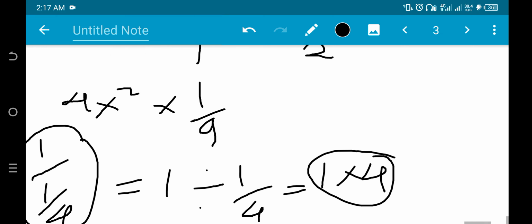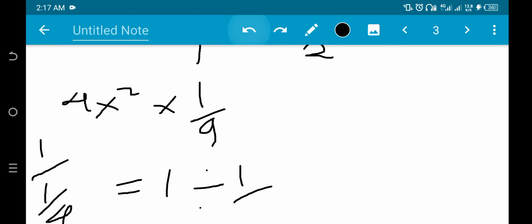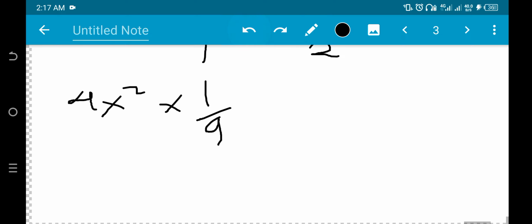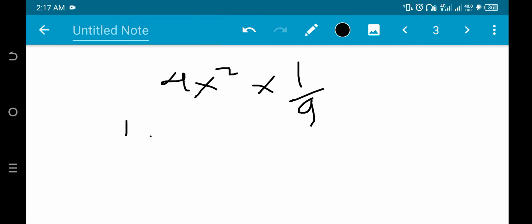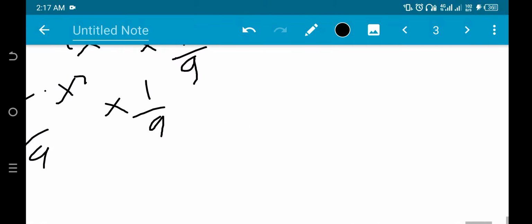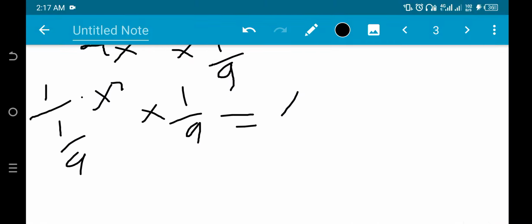So that's what we are going to do for 4. So we're going to rewrite it as 1 over 4. So we know there is an x squared multiplied by 9. So this will end up being x squared over, the 9 goes there, 9 over 4.